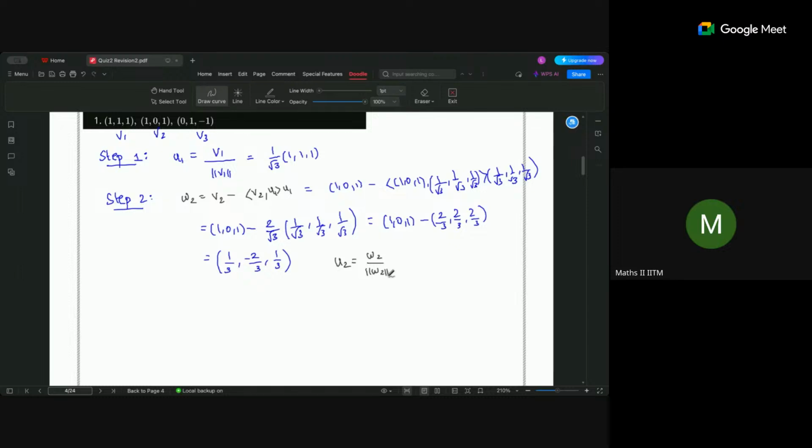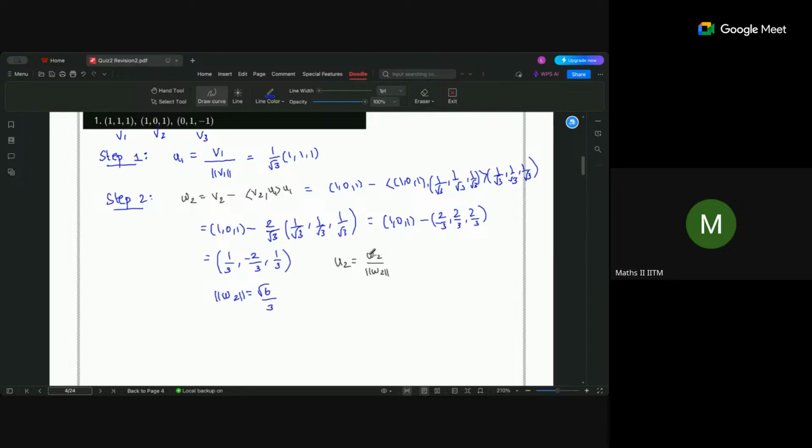What is the norm? Root 6 by 3. Yes, so norm w2 is root 6 by 3.